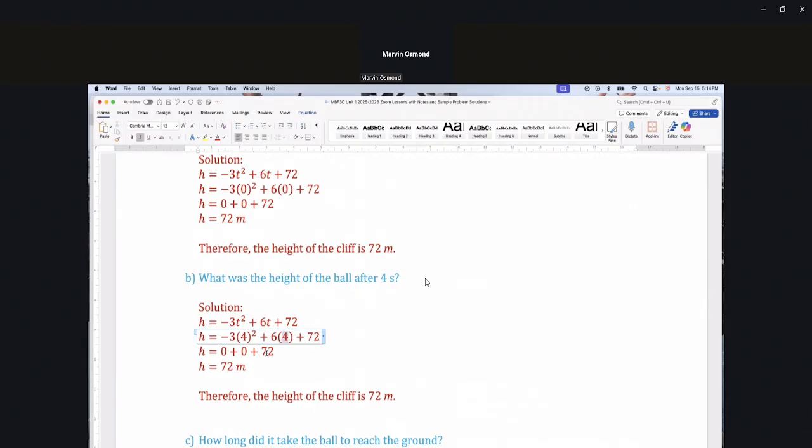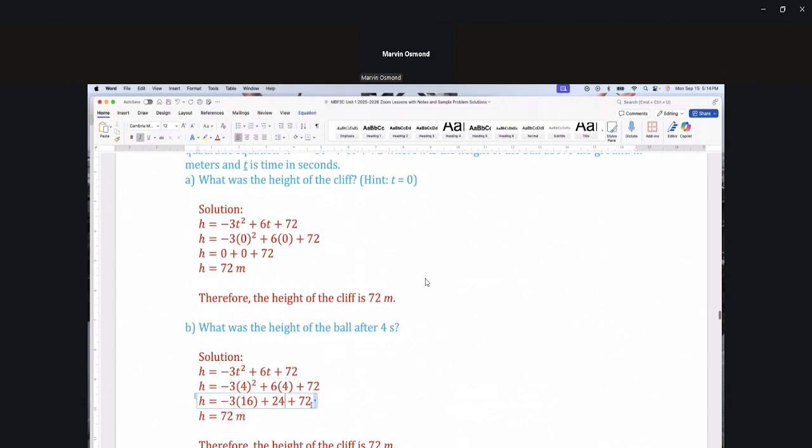And now we are going to do, so this is going to be, I'll do an extra step here, negative 3 times 4 squared is 16, close the bracket, plus 4 times 6 is 24, plus 72. So now we're going to do one more step. And let's simplify that.